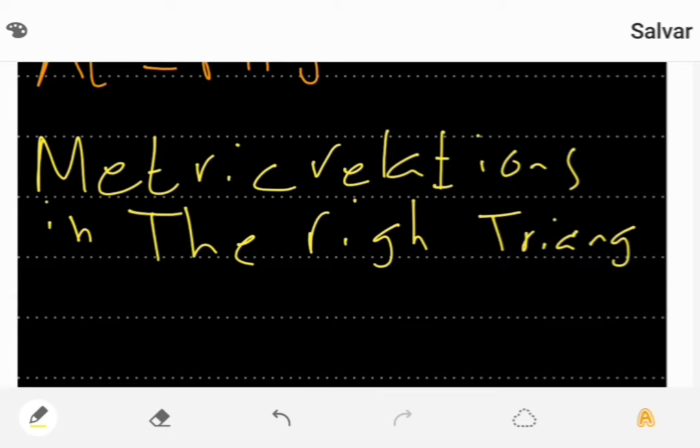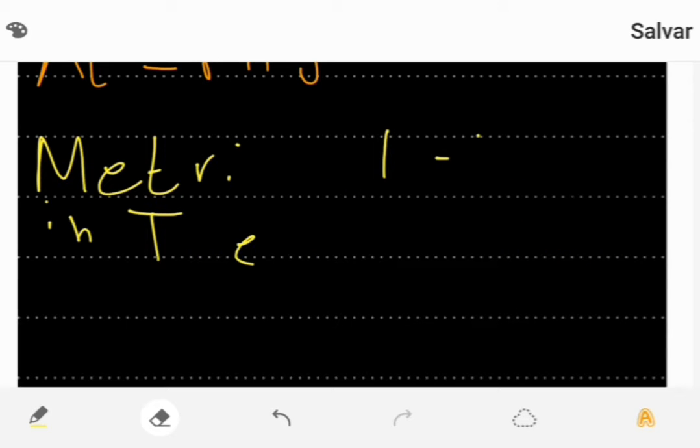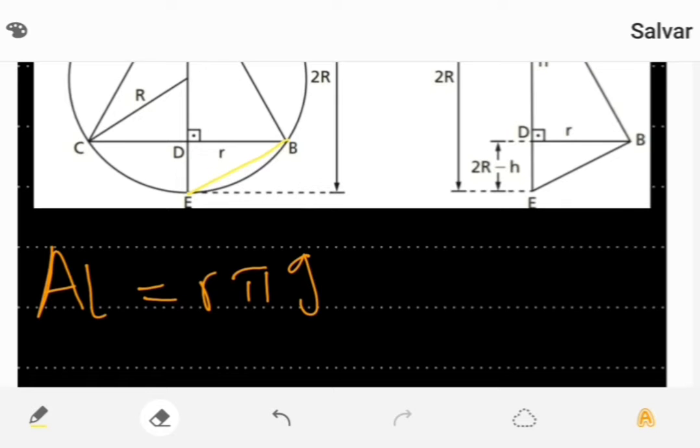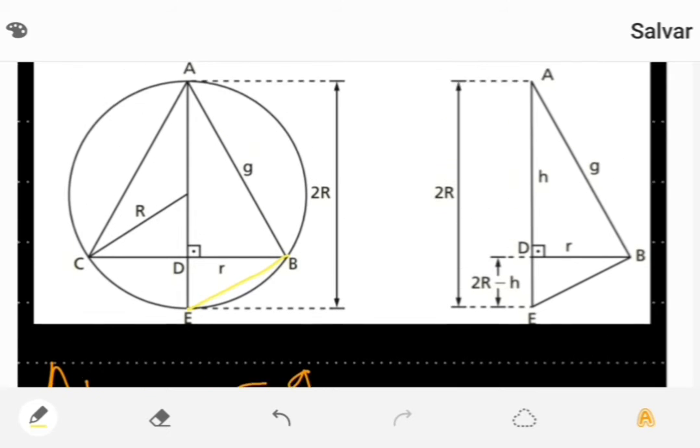You can find them by searching in Google metrical relations in the right triangle. They are very important. In the future I will make a video deducing them. You can try to deduce them by yourself.